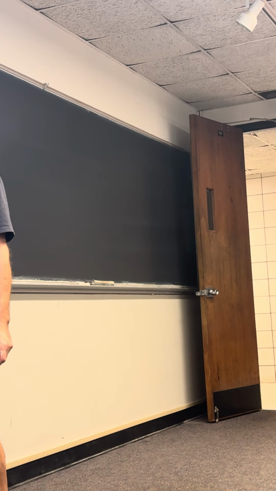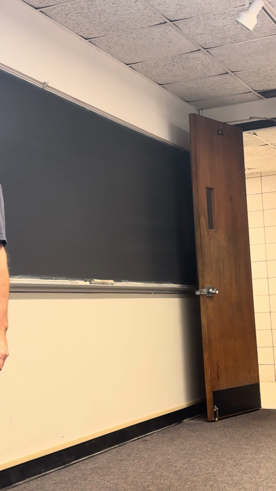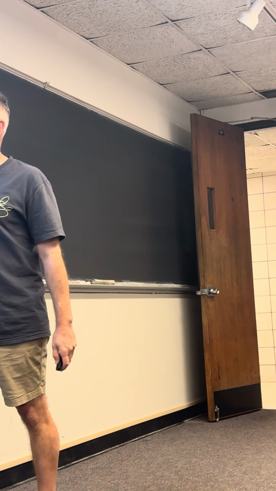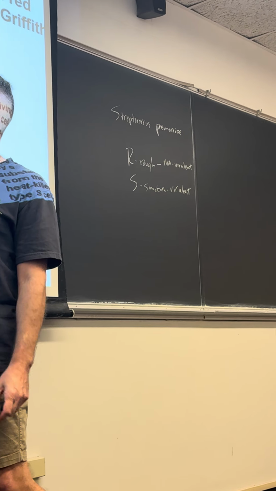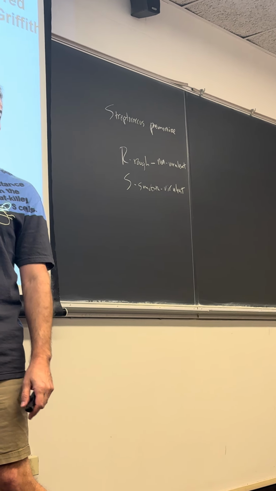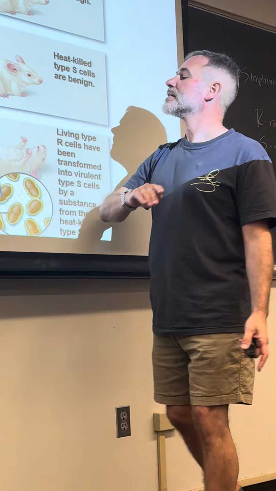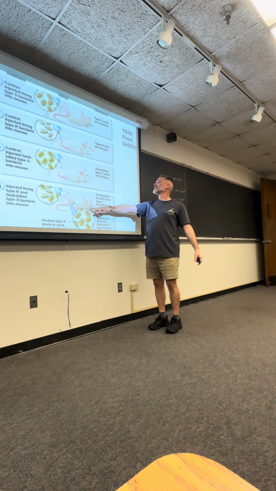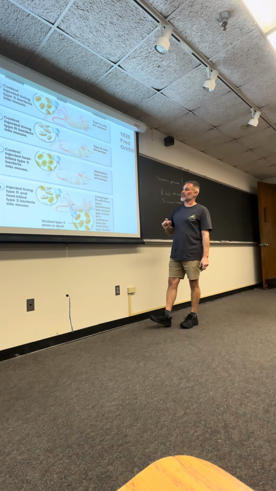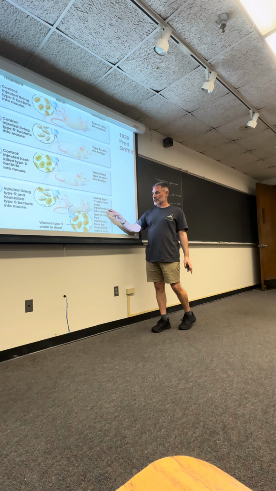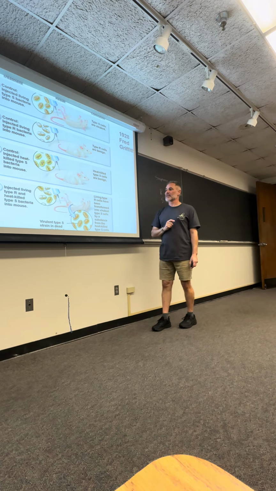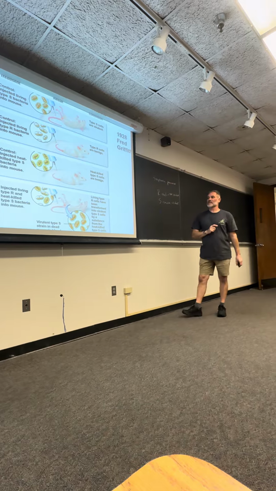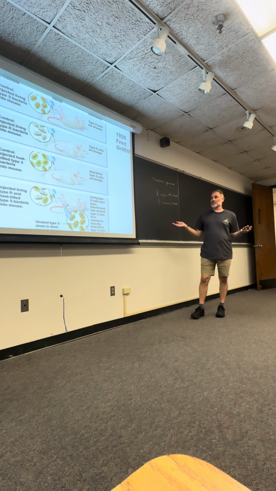And then the weird result. Nothing surprising about 1, 2, and 3. The weird result is that he took R cells, which are not virulent, and heat-killed S cells, which are not virulent, and the mouse died. Even weirder, when they did their little mouse autopsy, there were living cells in the mouse that looked like the S cells, but the S cells were never put in there, right?